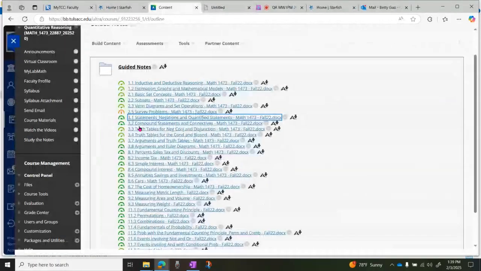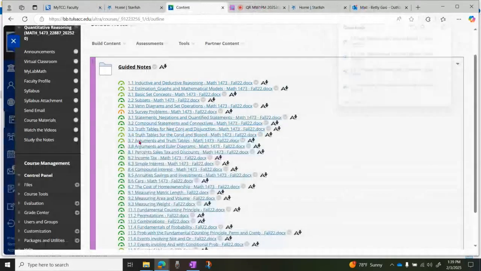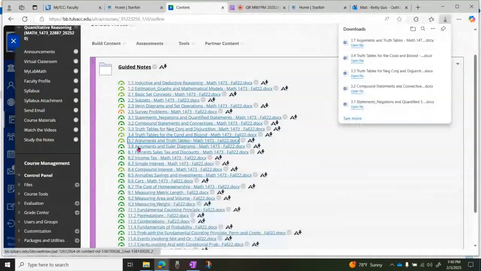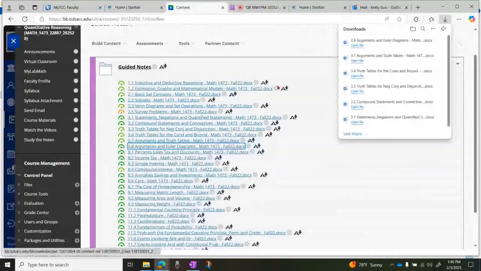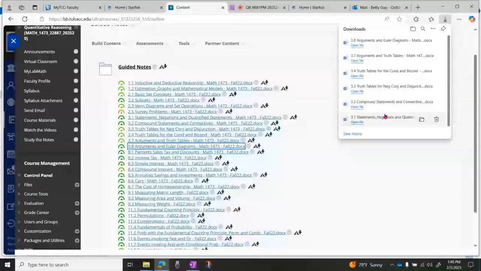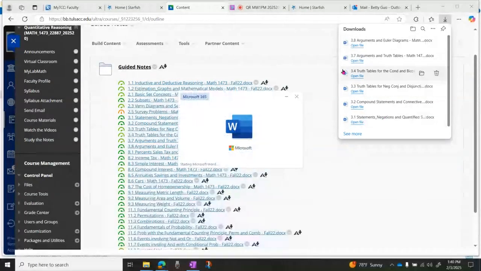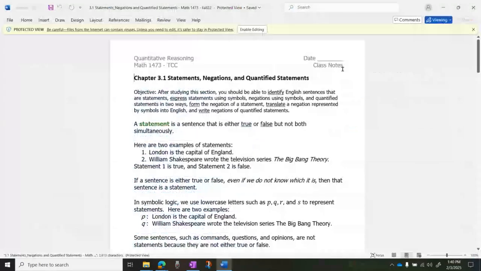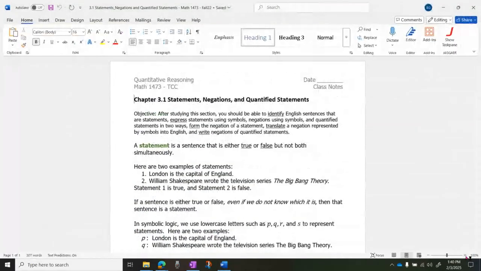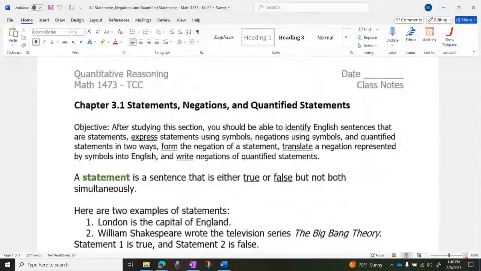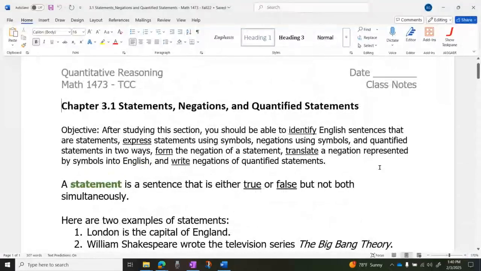So we have sections 1, 2, 3, 4, 7, 8, and we have 6 sections. After those sections, we're going to review for exam 1 and take exam 1. Just be aware, exam 1 is going to take place this month.